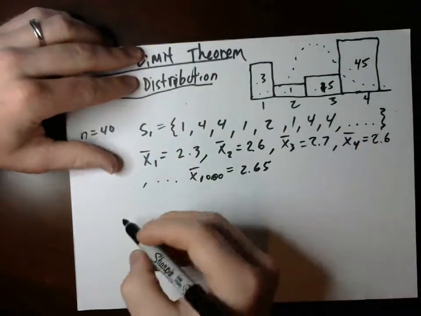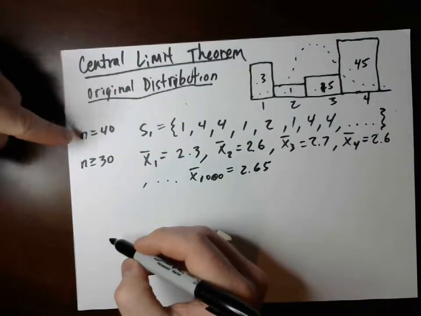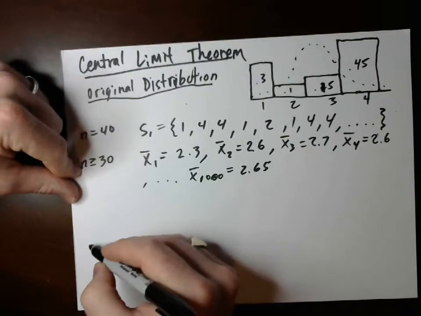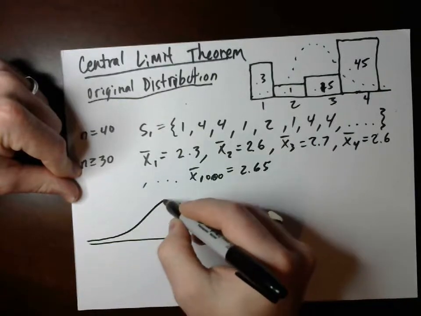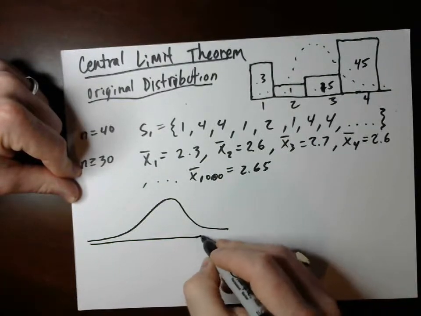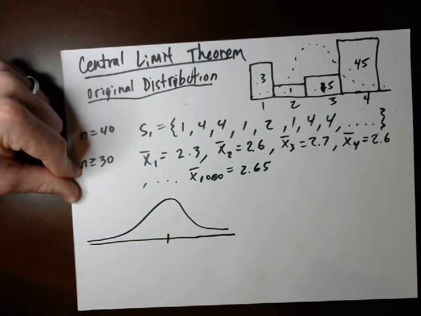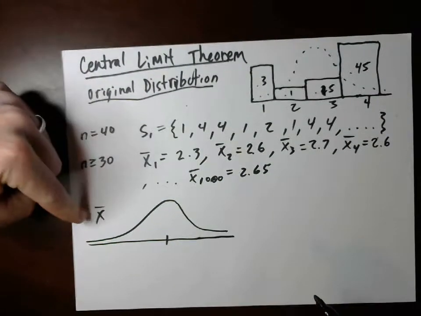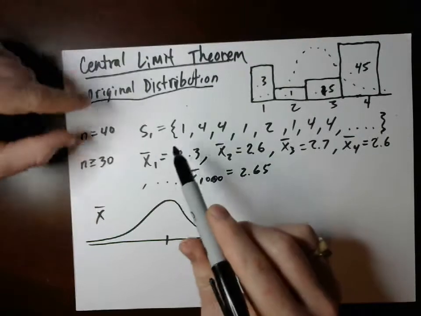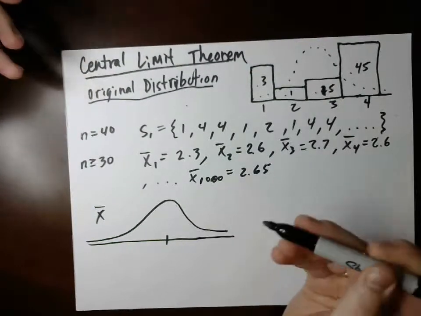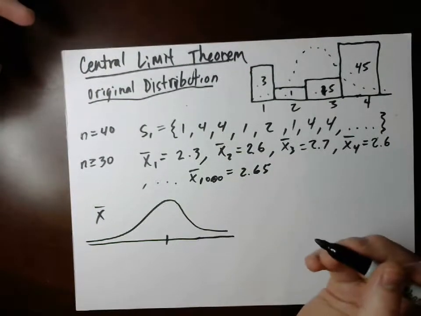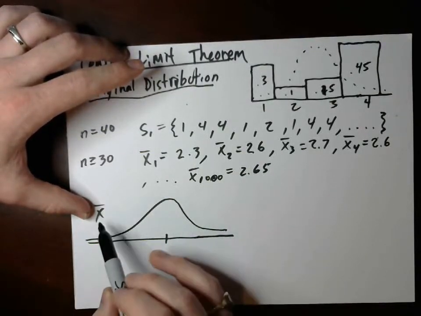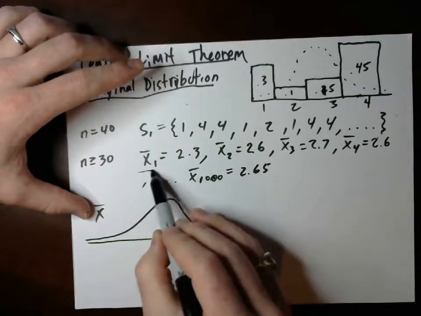What we'll actually notice is if we choose a large enough n greater than or equal to 30, then this sampling distribution will be normal. Remember, in this case, since we're talking about the sampling distribution of a sample mean, each value in the sampling distribution is an x bar. So the first value is 2.3.